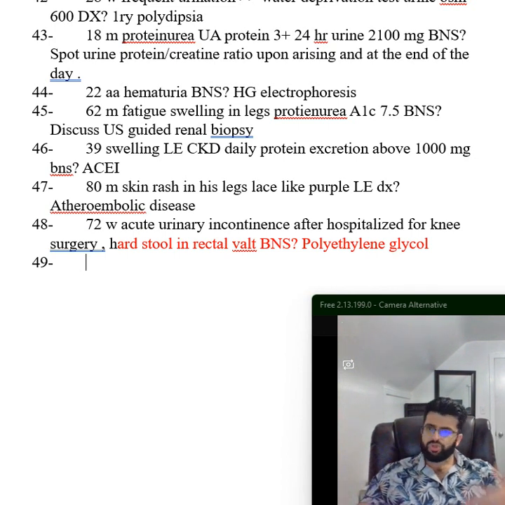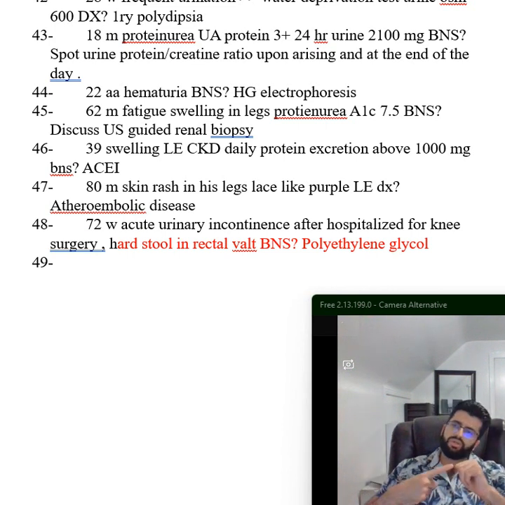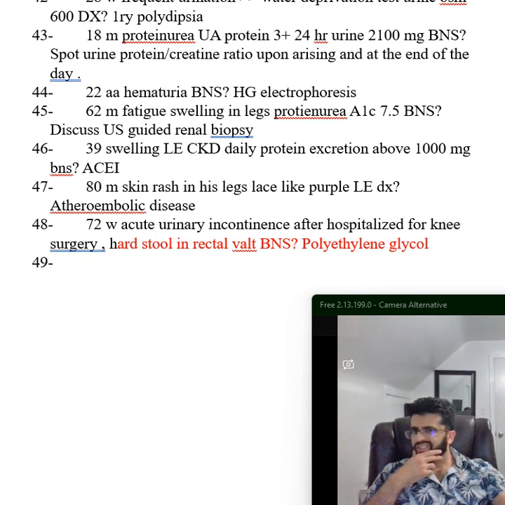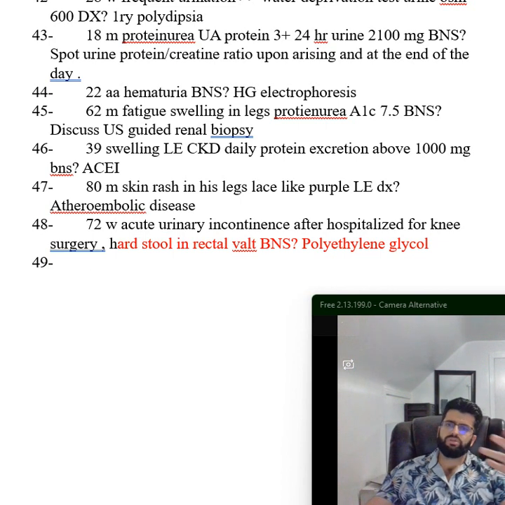That brings us to a discussion: management of reversible causes of transient urinary incontinence. If it's caused by severe constipation or stool impaction, you increase mobility, give fluids, laxatives, stool softener, and manual disimpaction if needed. If there's a urinary tract infection, just give antibiotics. If there's atrophic vaginitis or urethritis, you give topical estrogen.